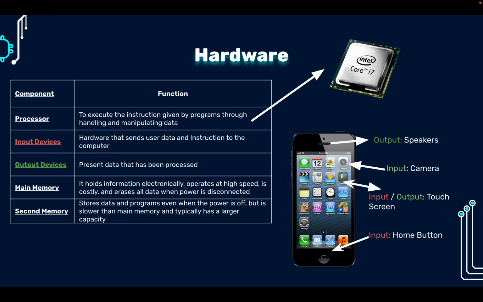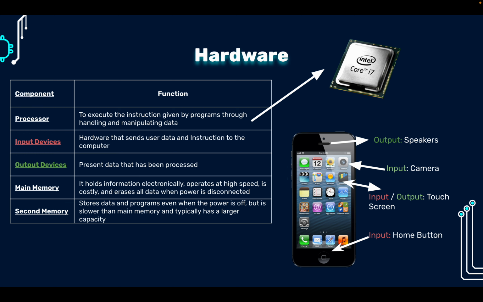The touchscreen serves as both an input and output device, as we interact with the screen to input information like text, and it will display the text, the data, as output on the screen. The home button below is a simple input device. You just use it to send some instruction to the phone.